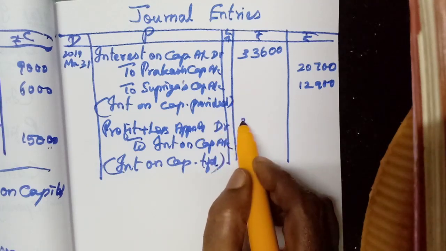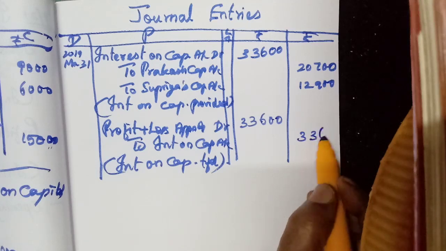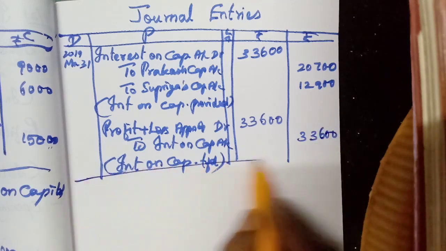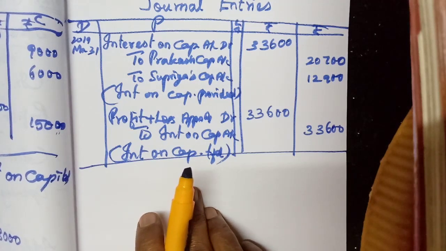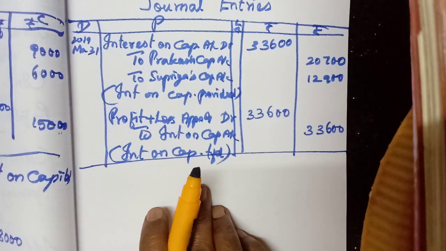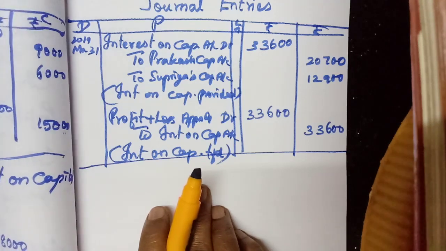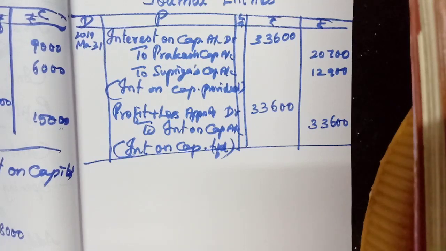Total amount 33,600. 33,600. That's all. The problem gets over. You have to refer to the illustration and do this exercise in your notebook. Okay, thank you, students.